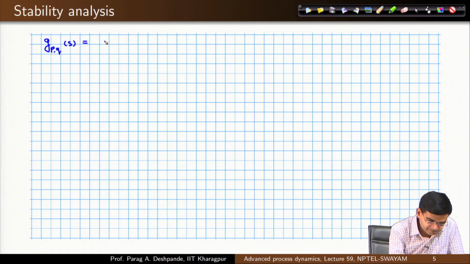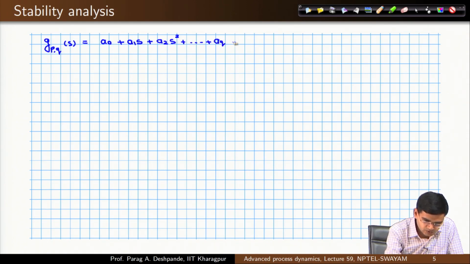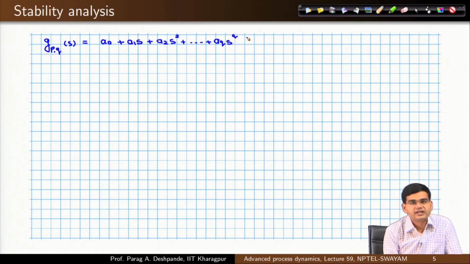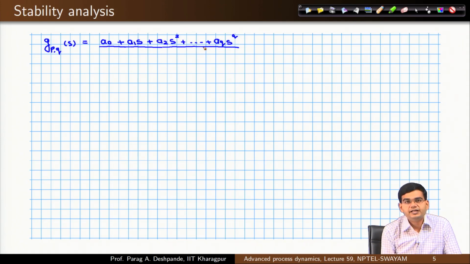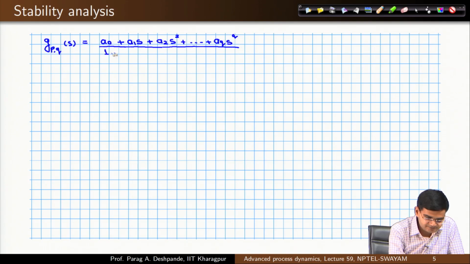This would look like a0 plus a1 s plus a2 s squared up to aq s to the power q. This is the numerator, a polynomial of degree q, divided by a polynomial of degree p. So, this would be 1 plus b s.